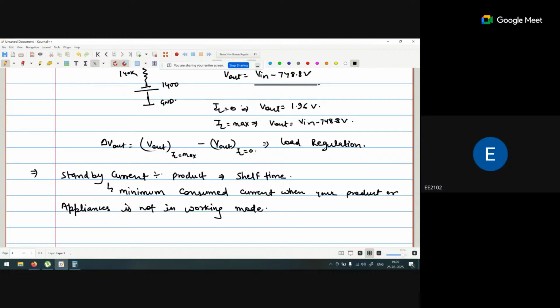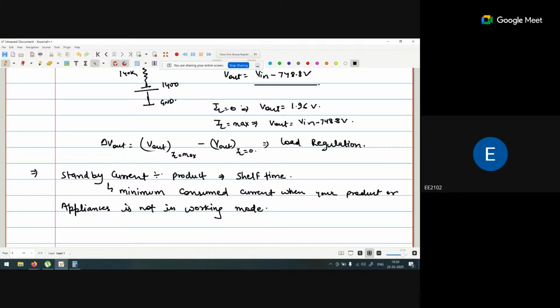Take for example, if we are going to purchase a watch, okay, a smartphone. You don't know how long that particular watch will be available in the market. If your smartwatch battery is completely discharged and it is not recharged for more than 5 days, 10 days, 15 days, your battery will be damaged.